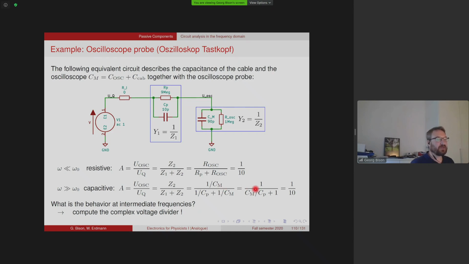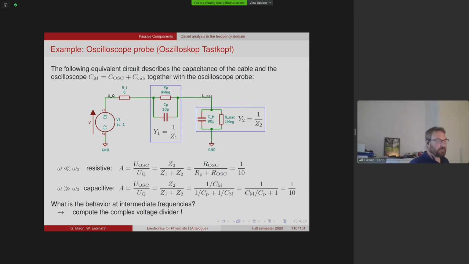And then we see that the two capacitors are chosen in a way that this also results in a 1 to 10 divider ratio. And so we get the exact same behavior at low frequencies and at high frequencies. And this is great. Then the probing becomes independent of frequency. So we get a flat transfer function.